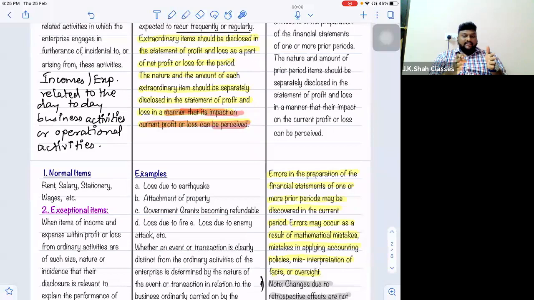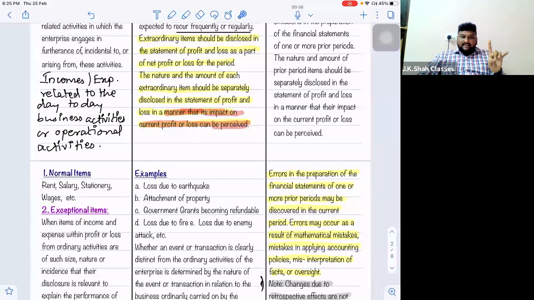Now, please understand one more thing. What is extraordinary or ordinary for you completely depends upon the nature of your business. A particular transaction that is ordinary for you can be extraordinary for me because of the nature of my business, and some items that are ordinary for me may be extraordinary for you.